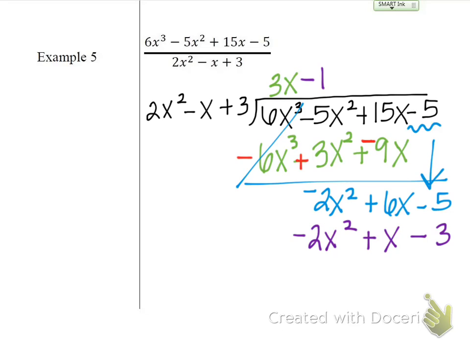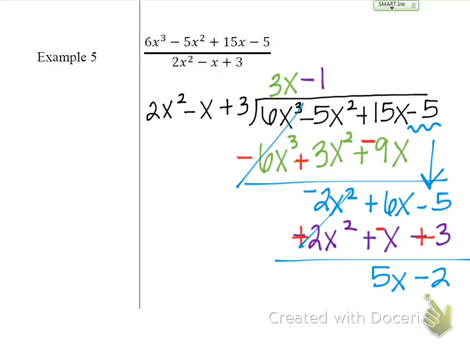You guys agree? Yeah. Okay. And then when I change the signs, that becomes positive, the x becomes negative, and the 3 becomes positive. So those guys cancel. What's 6x minus 1x? 5x. And negative 5 plus 3?